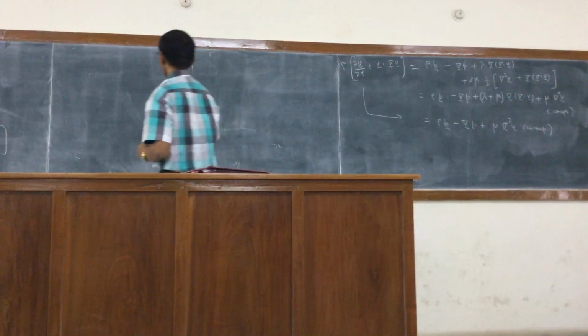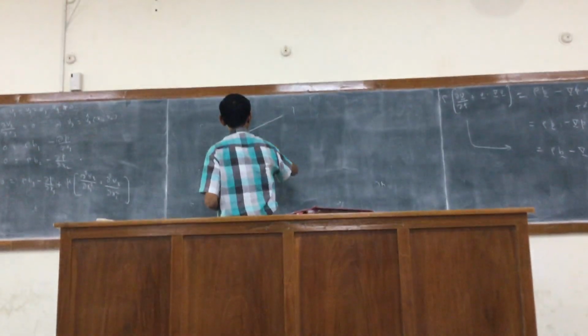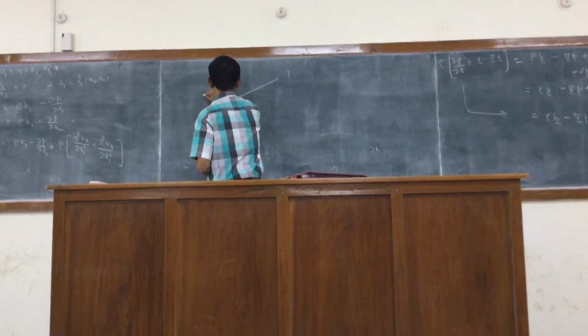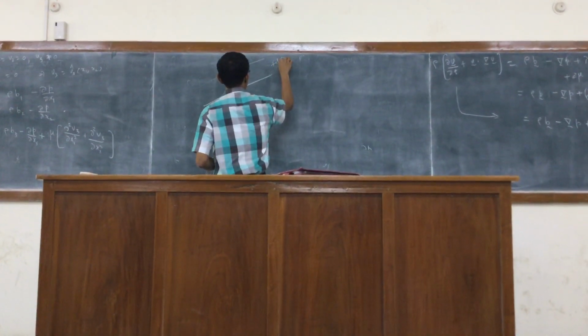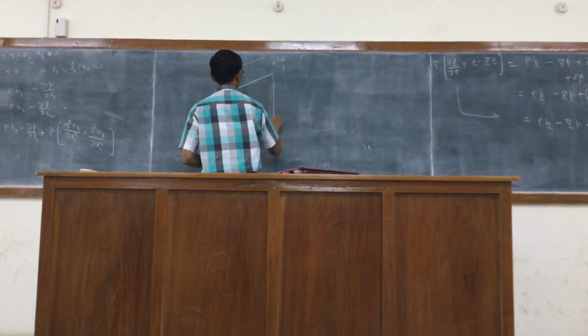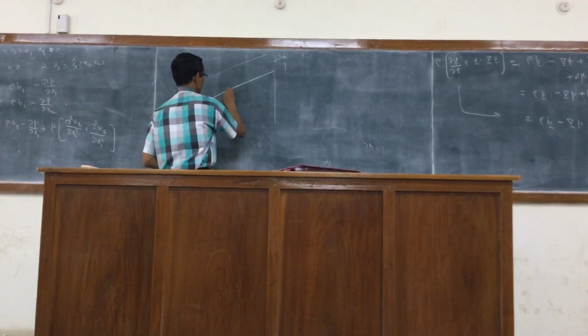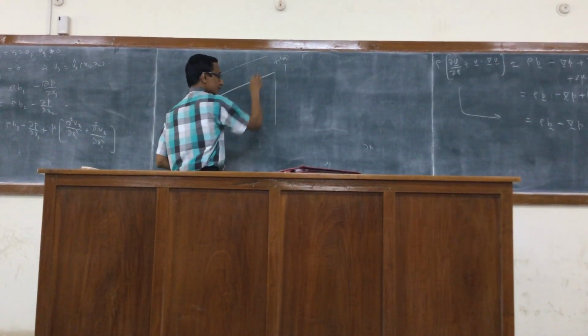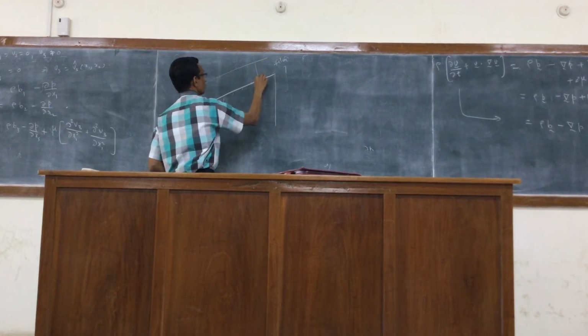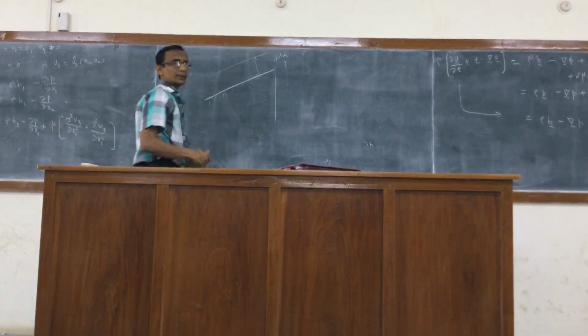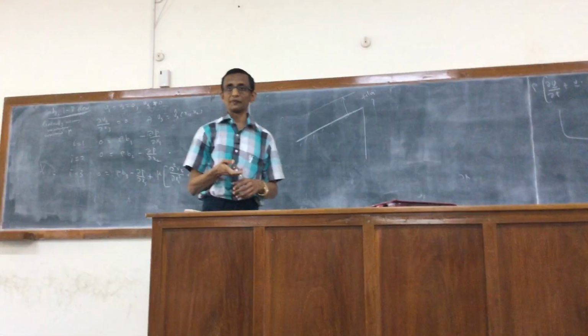For that, I will consider the very well-known example of flow of a falling film down an inclined plane. So this is the inclined plane, and there is a film. This is the flow of a liquid. It's incompressible and linearly viscous.